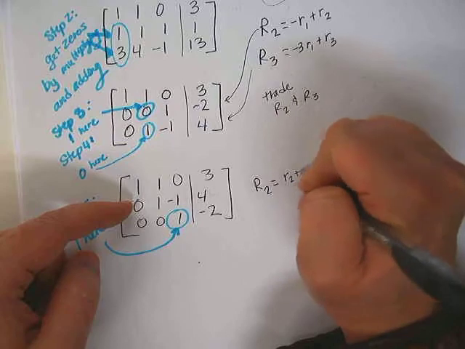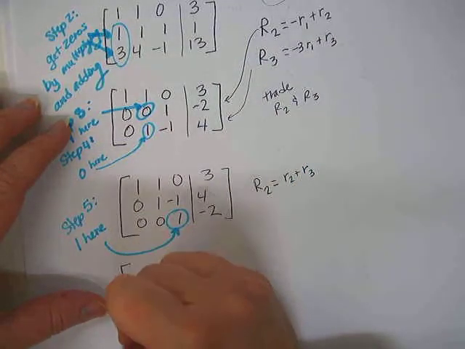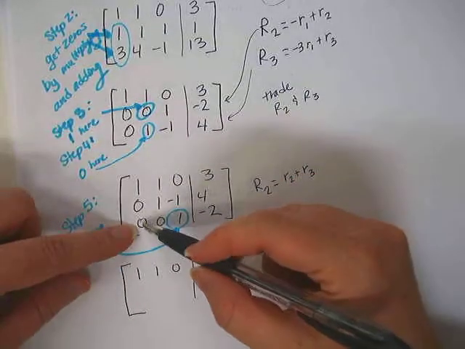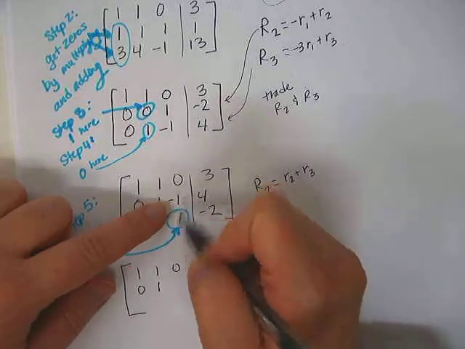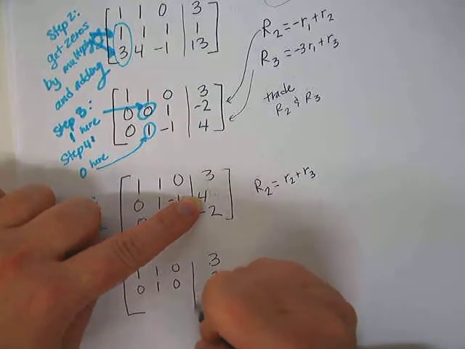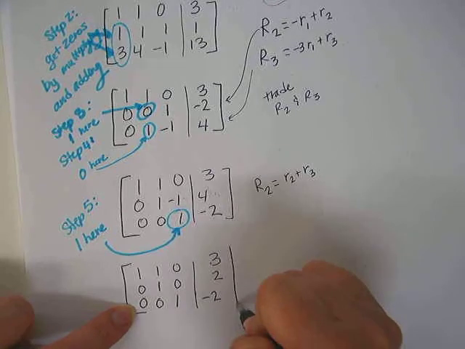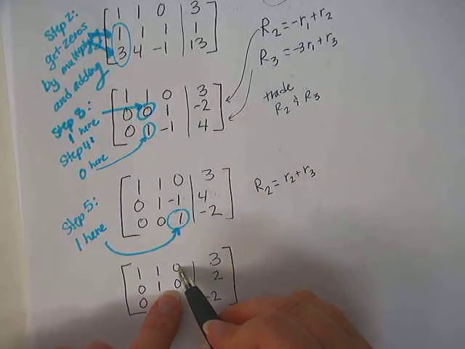So our new row 2 is formed by taking row 2 and adding row 3 to it. Row 1 stays the same, and now we go 0 plus 0 is 0, 0 plus 1 is 1, 1 plus -1 is 0, and -2 plus 4 is 2. Then our last row will just stay like it is.